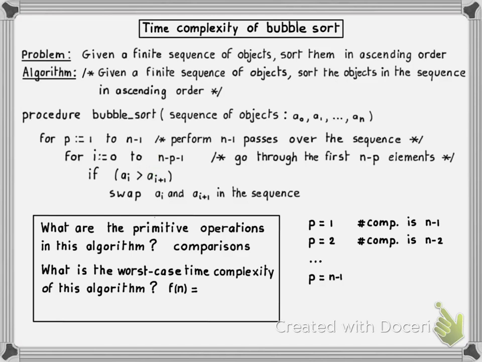Now in this case, i goes from 0 to n minus 1 minus p, which is 1 minus 1, which is 0. So i goes from 0 to 0, which amounts to 1 execution of the inner loop, and therefore 1 comparison in the last iteration. So in conclusion then, f of n, which is the total number of comparisons, is the sum 1 plus 2 plus ... plus n minus 1.